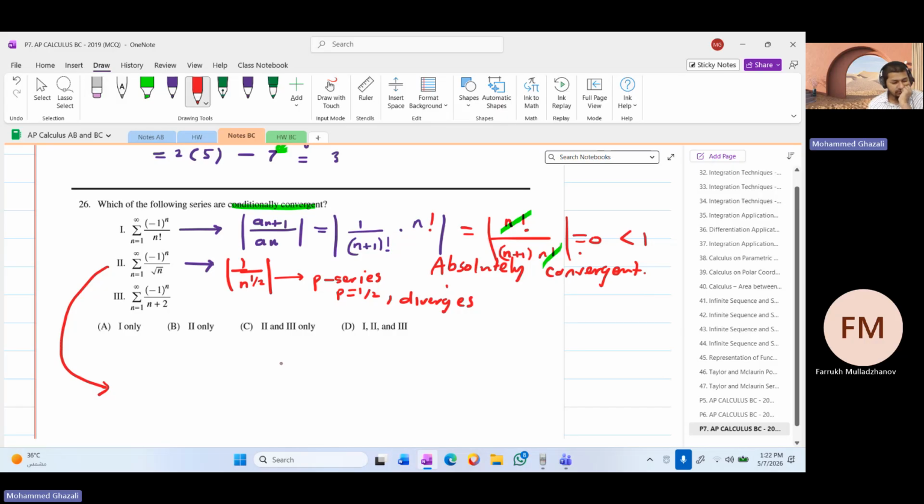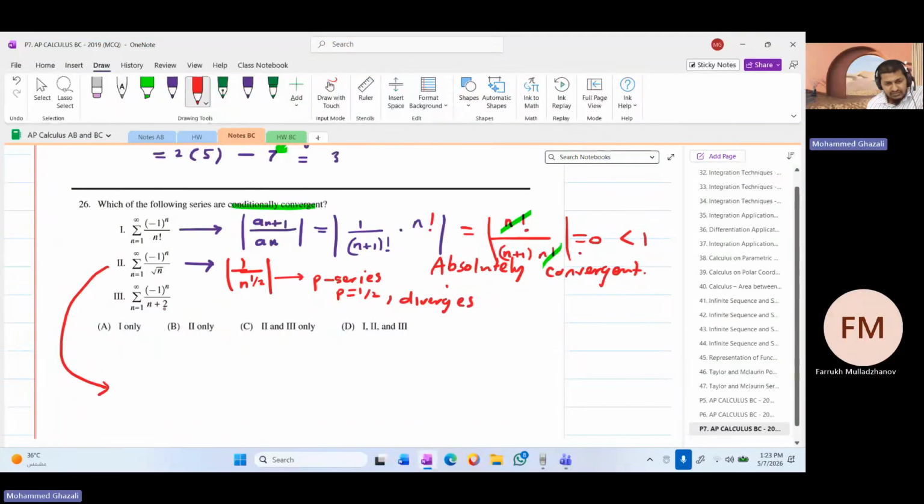That's correct. What test can we use to check for conditional convergence? We can check the alternating series test as well. We know that this diverges, and this also diverges.